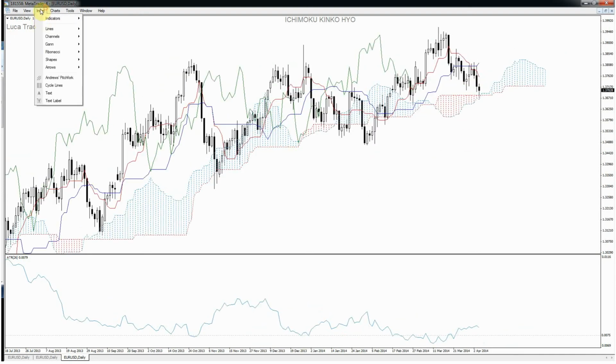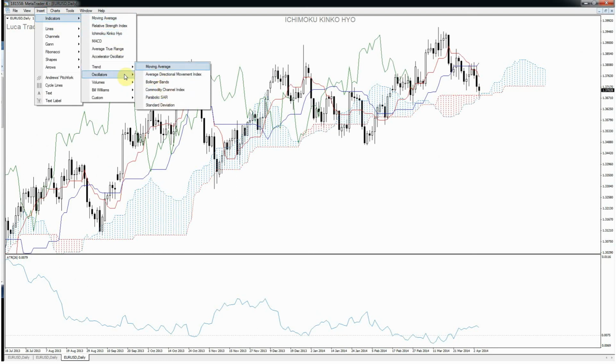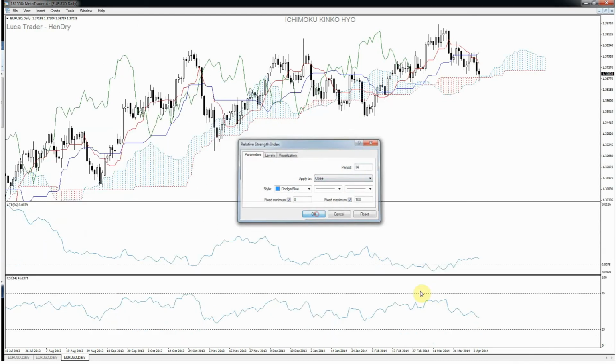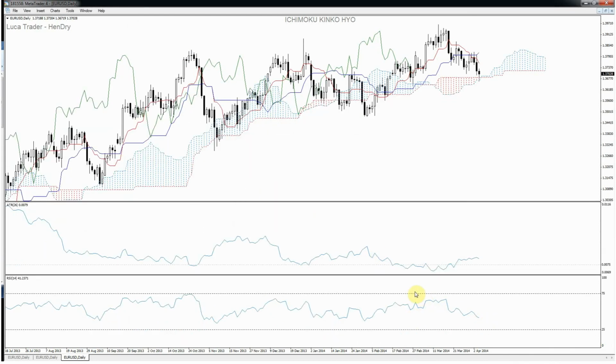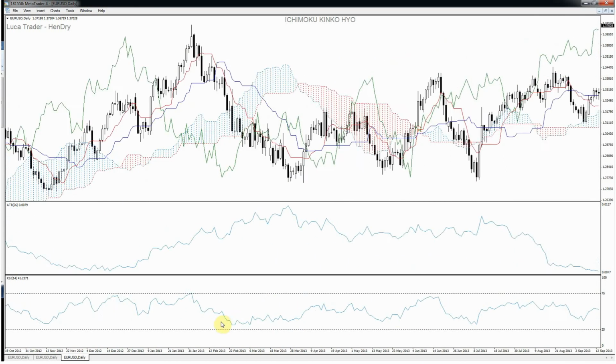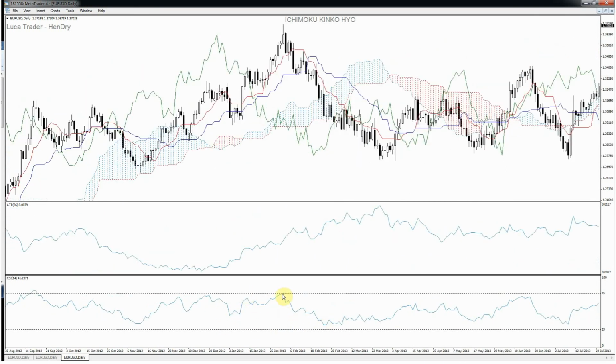And one more additional indicator we could use is the RSI, relative strength index. Let's put in the standard 14. RSI is one of my favorite tools to predict the market. It can predict either oversold or overbought. For example, here the price is already overbought, crossing above 75, almost 76.